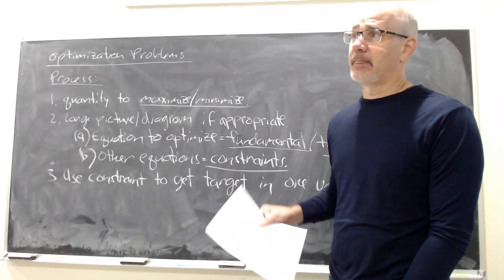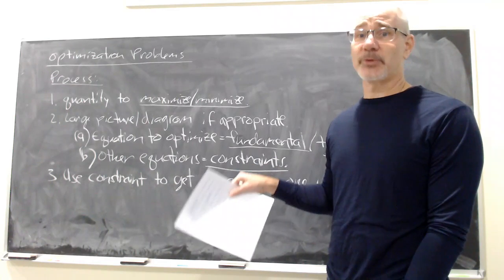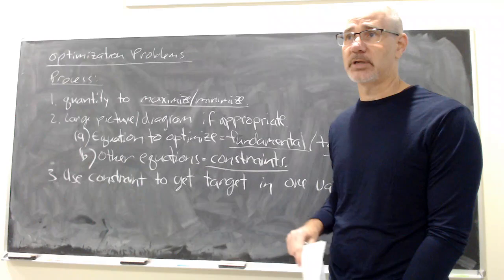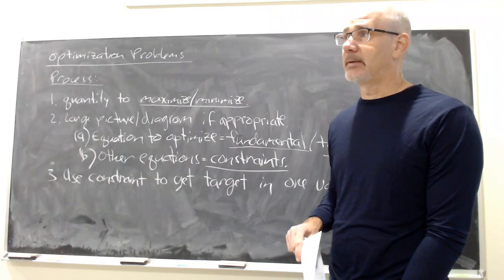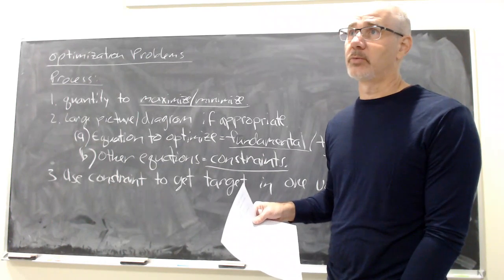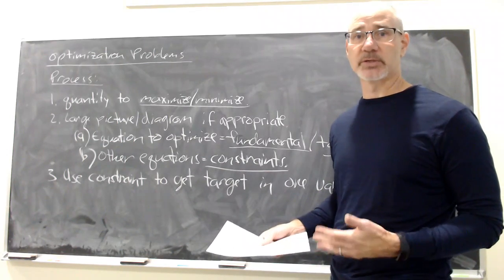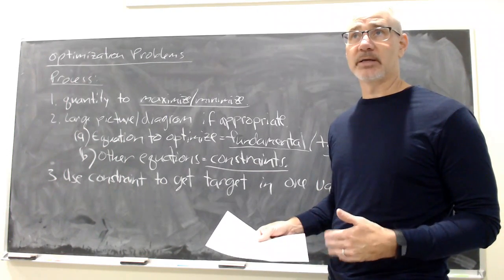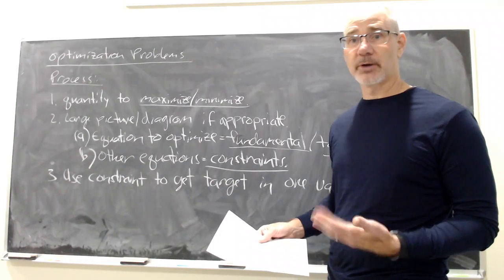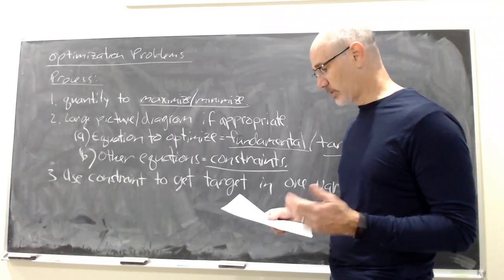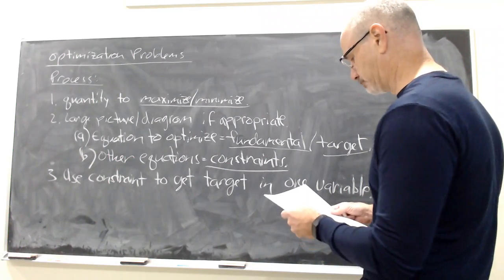And until you get to calculus 3, where we talk about multiple variables in optimization, we really don't know what to do with two variables. And so we have to use the constraints to turn any of our functions or target equations into single variable equations. And then we can do derivatives on them.